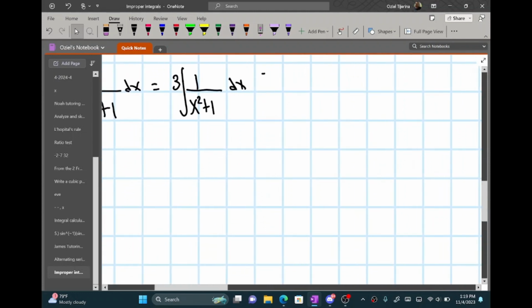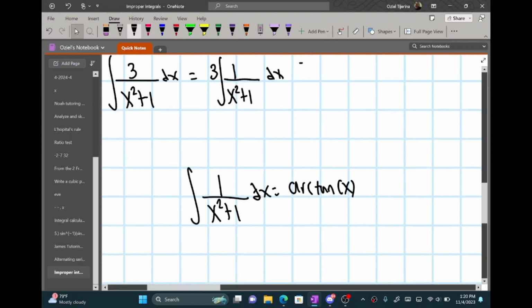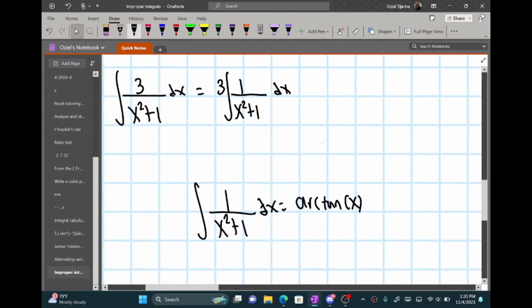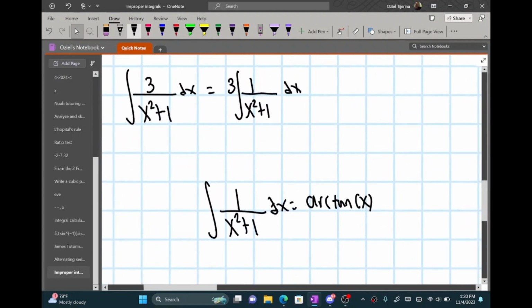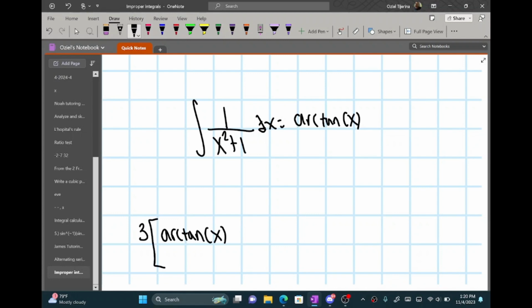Remember that the integral of 1 over x squared plus 1 dx is arctangent of x. Mostly they use arctan. So we know that this is really going to be 3 times the quantity arctan of x.